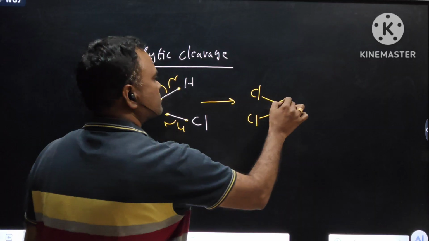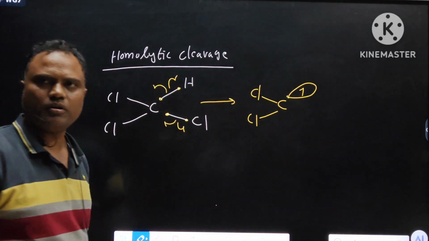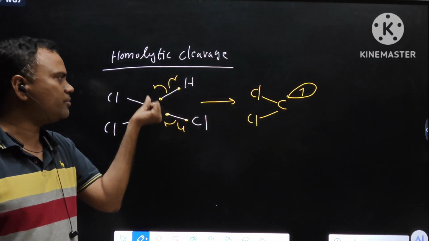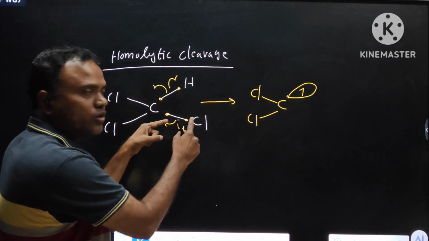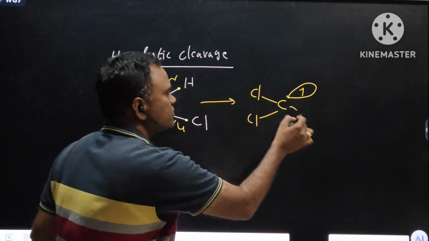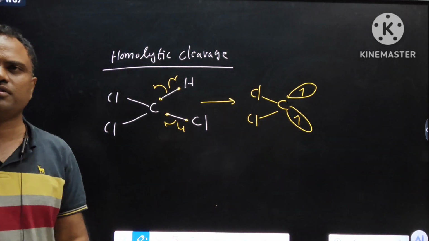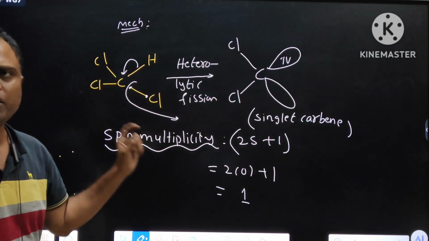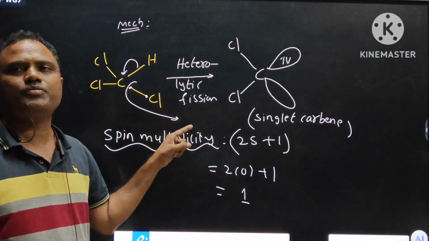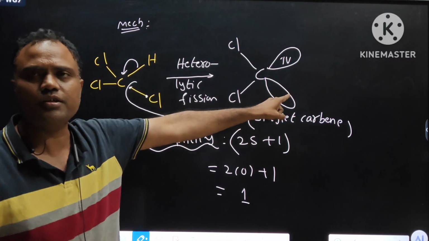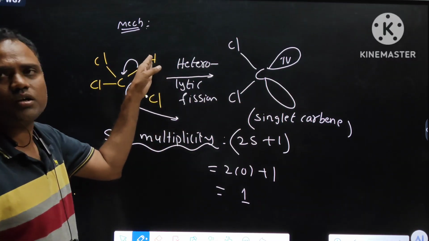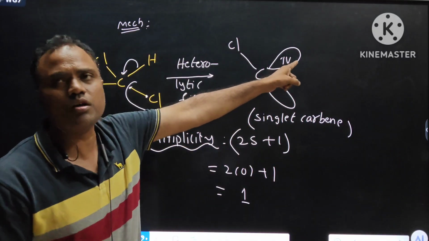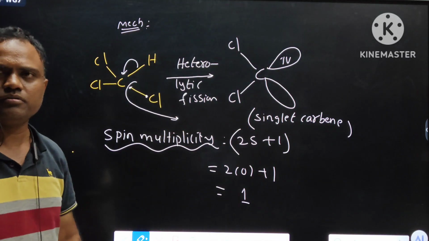One orbital: hydrogen is taking 1 electron, leaving a single electron in the orbital. Here also chlorine is taking 1 electron only, leaving 1 single electron in this. Got it? See the difference from heterolytic cleavage. In heterolytic cleavage, chlorine is taking two bond electrons, and that creates the vacancy here. Hydrogen is leaving without its electron, which is given to carbon. That's why paired electrons are present at this carbon. Clear the difference?